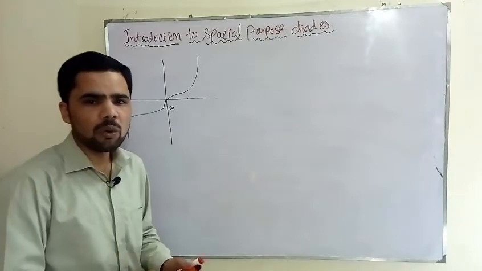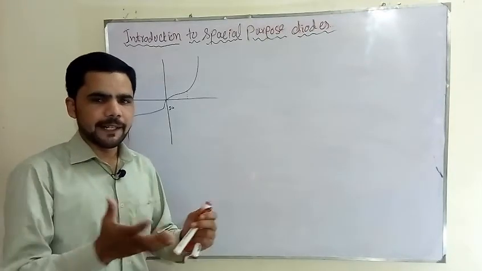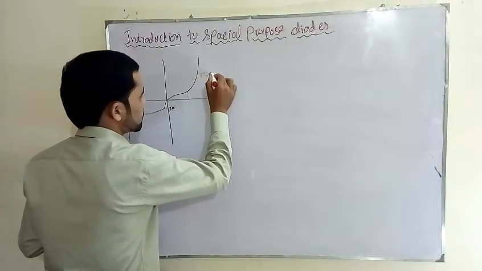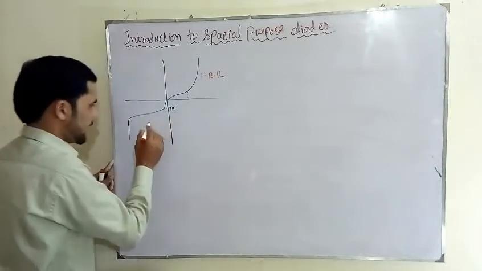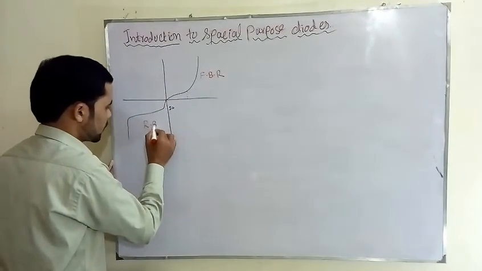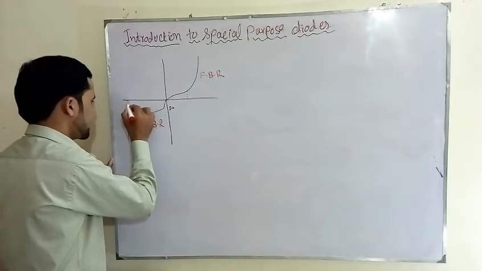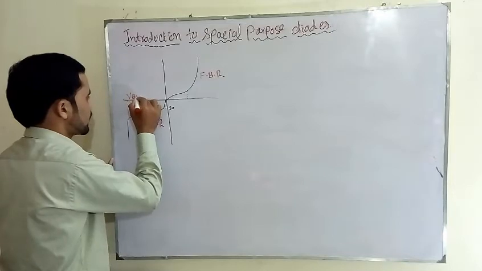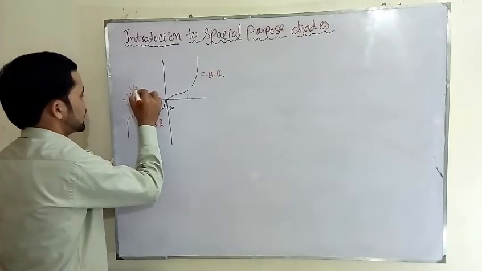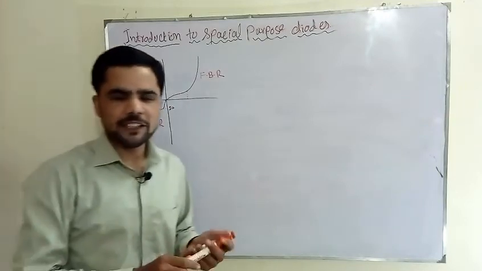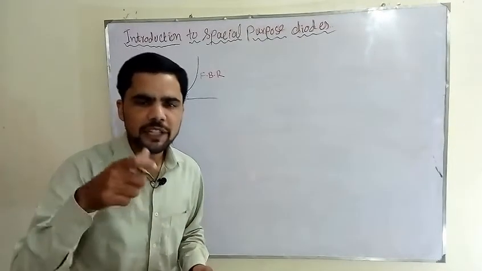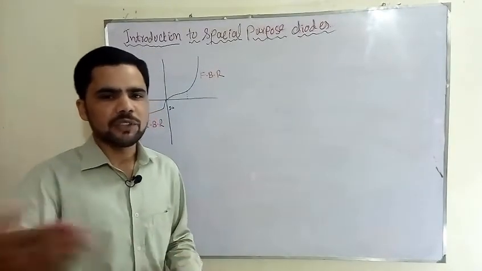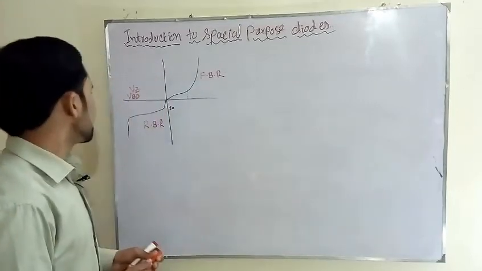This region is called the forward bias region and this is called the reverse bias region, and this voltage is called the breakdown voltage or Zener voltage. Zener voltage varies from 3 volts to 300 volts according to the classification and type of the diode.